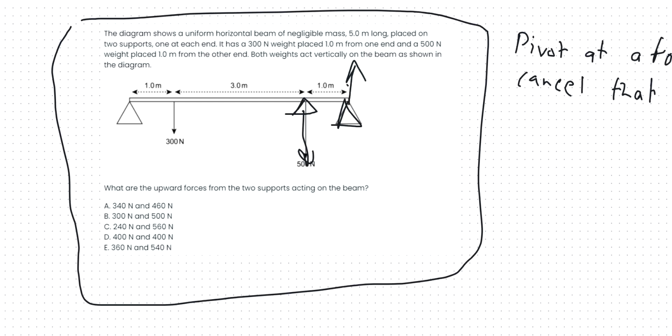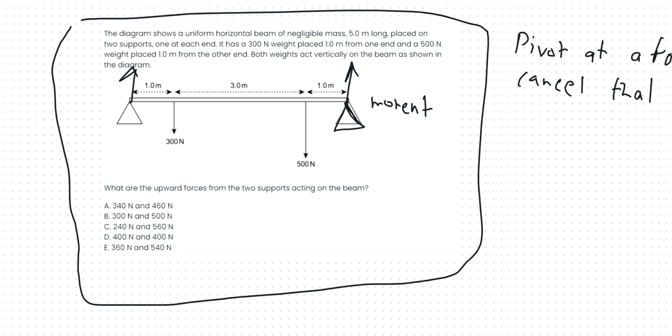They tell me, what are the two upward forces that support the beam? They are telling me that the beam is stationary, it's not moving at all. That means there would be upward forces due to these pivots. So if I take this pivot right here, then what would be my moment?